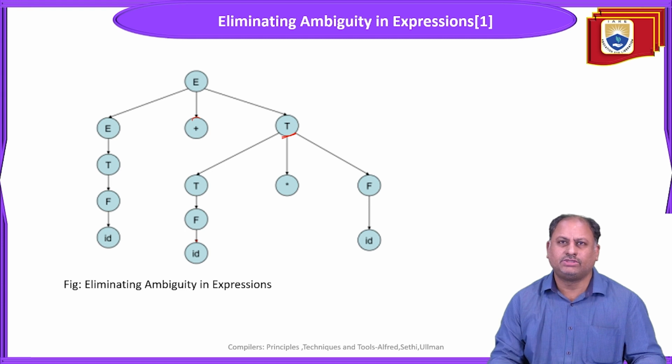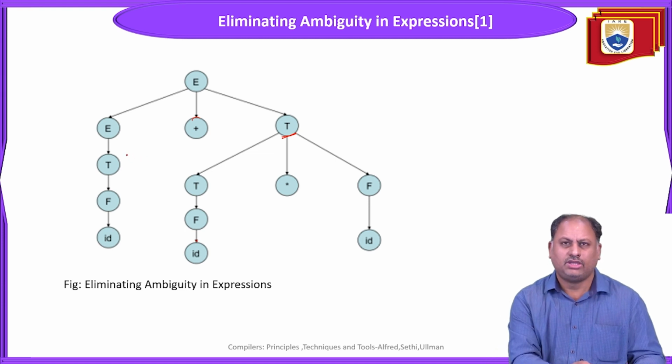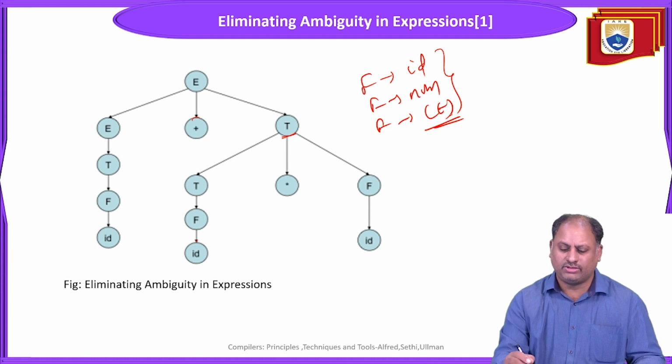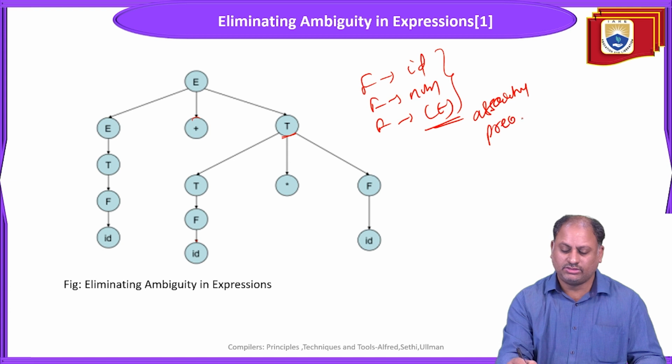That is in this expression. Here we applied various precedences and parentheses and identifiers: F derives ID, F derives number, and F derives parenthesized expression. So we apply this type of associativity and precedence levels, and then we get rid of ambiguity.